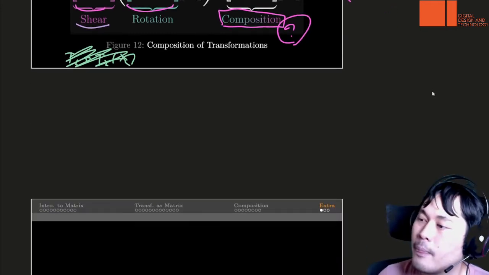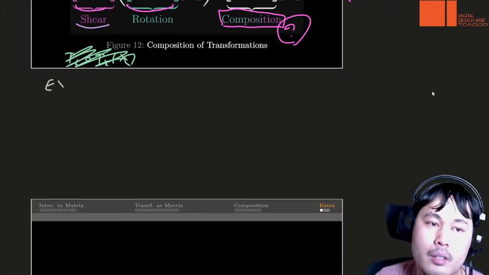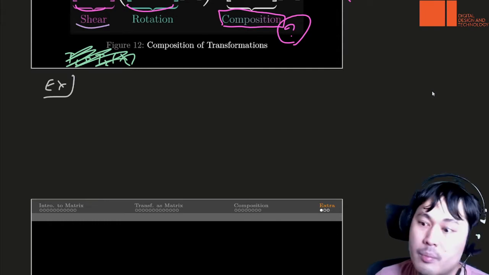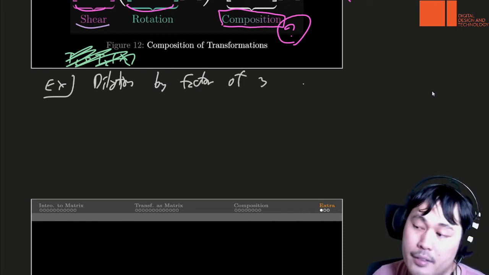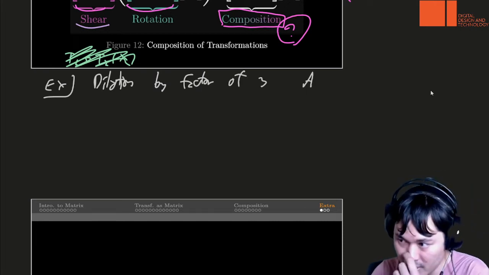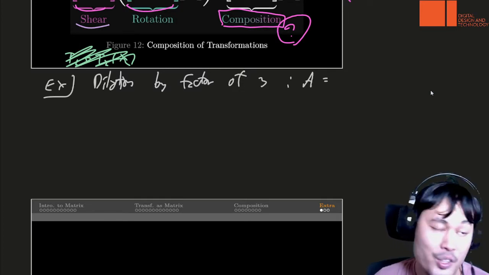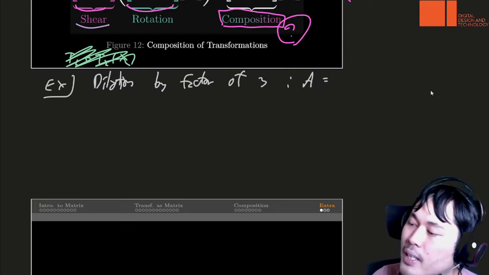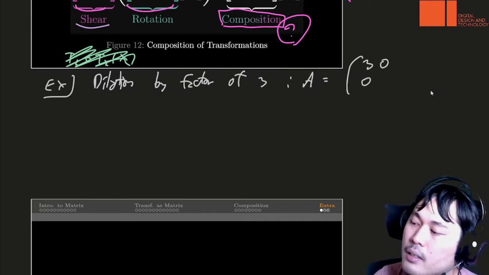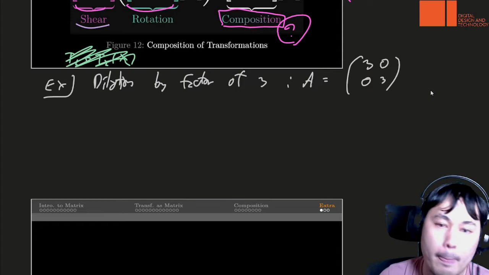For instance, there's an example here. Suppose there are two transformations. The first is the dilation by a factor of 3. So that's the first one. Let's say it's A, and let's say we know that scaling everything by a factor of 3 is the same thing as multiplying the whole thing by this matrix.